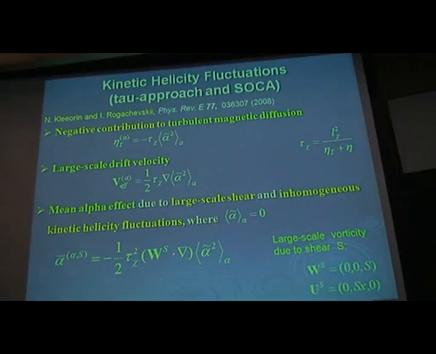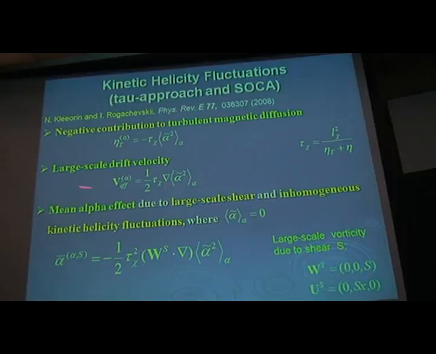Of course, the first effect which we reproduce by both methods is the effect found by Bob Crichton, which means that kinetic helicity fluctuations cause a negative contribution to turbulent magnetic diffusion. Here, tau_chi is a time which is the ratio L_chi squared divided by the sum of turbulent diffusion and magnetic diffusion caused by the electrical conductivity.